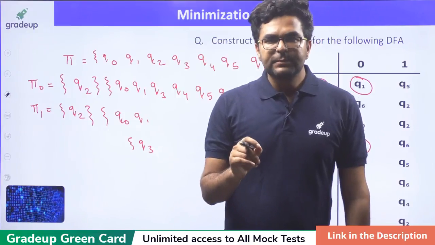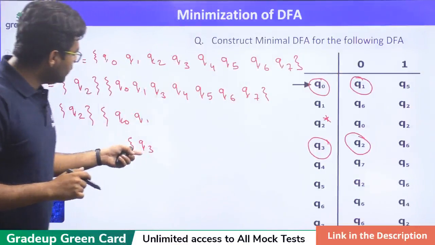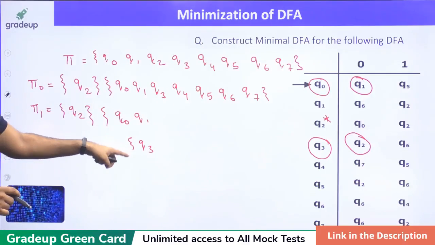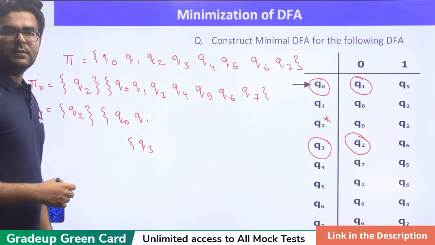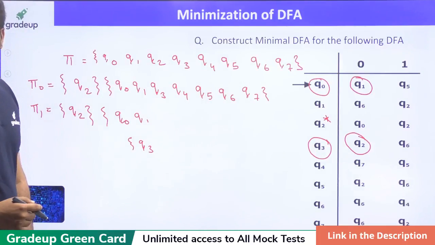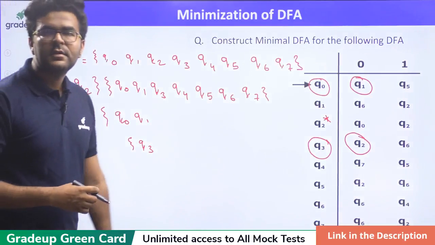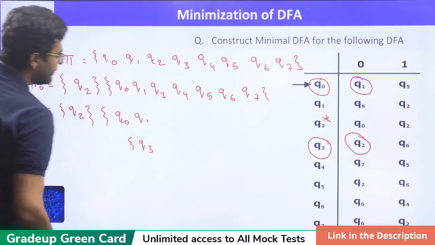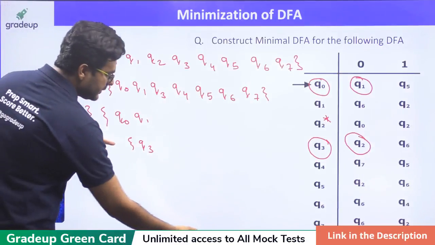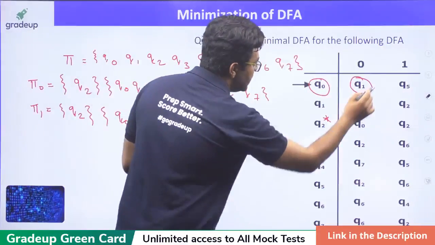Are you getting the concept that we should keep Q3 in a different set? Yes, guys, it's clear. Vishnu is saying it's clear. Okay, let me continue. As the concept is clear to all, I'll do it fast now.